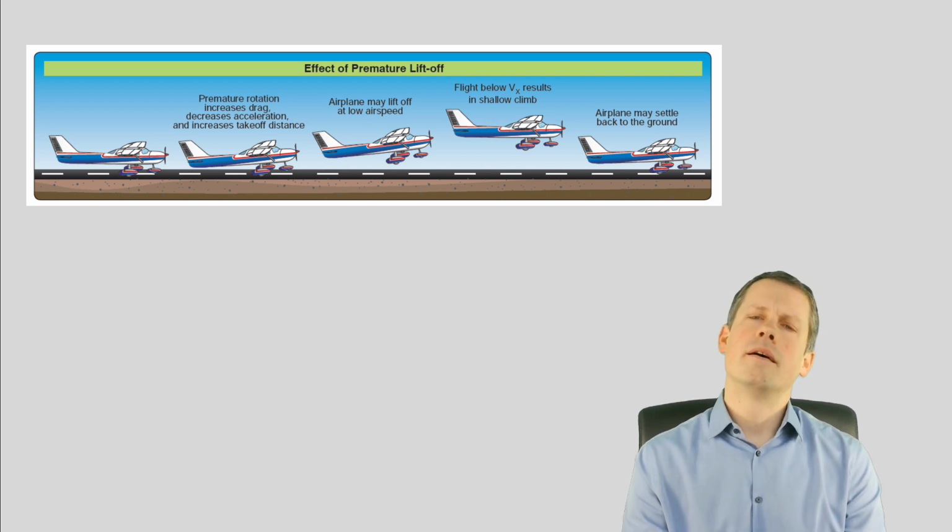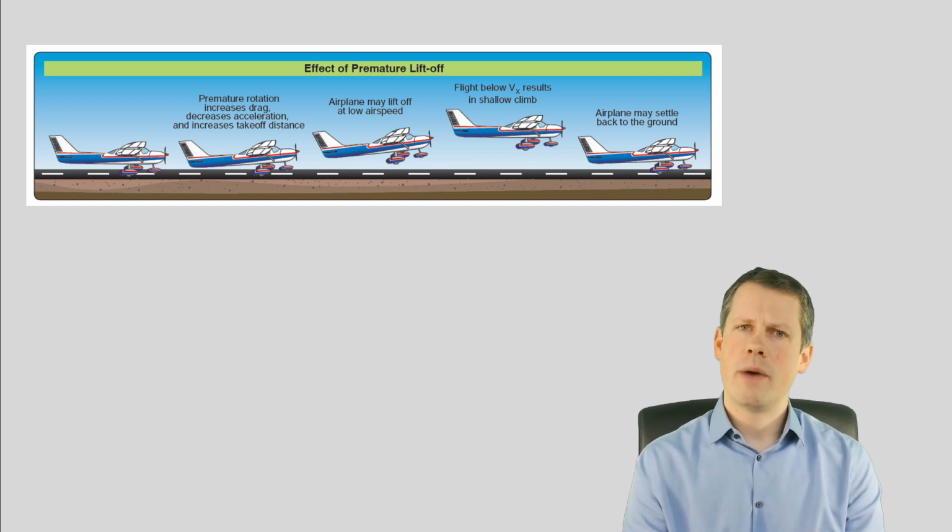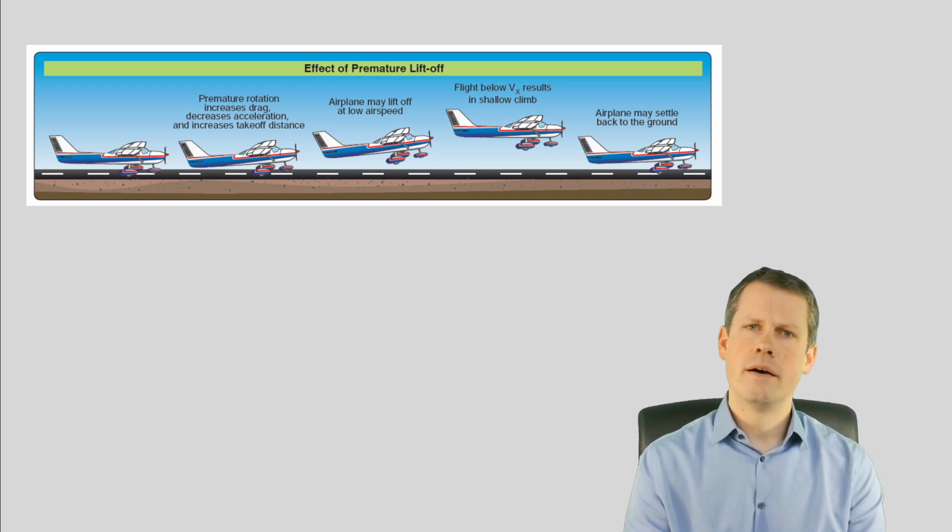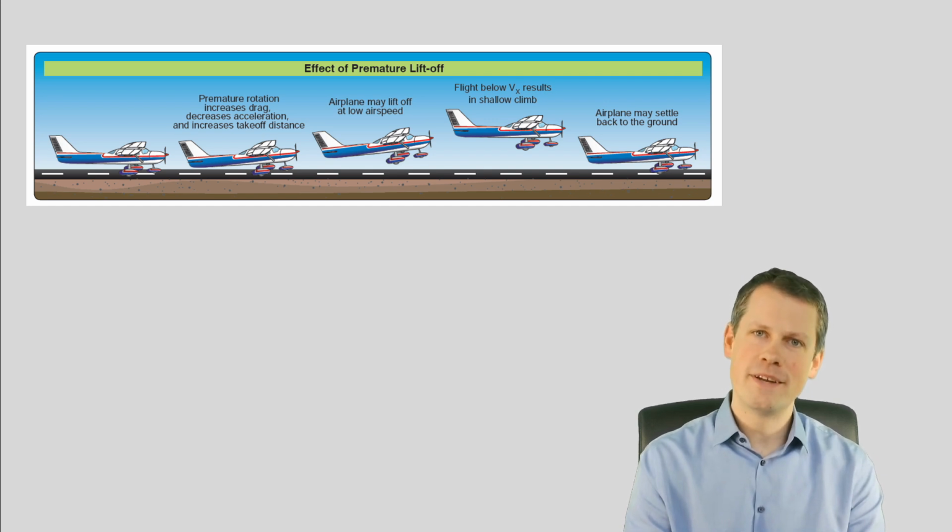Then there's another important thing I would like to talk about, and that is, when should you abort a takeoff? Now, with a very short runway, of course, you're also limited in case of a takeoff abortion. So you may overrun the runway if you abort the takeoff pretty late. Now, if you have an engine failure, you have no choice. You will abort the takeoff, or the takeoff will be aborted for you, actually.